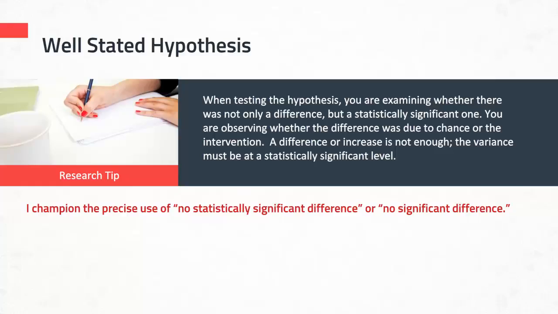So I really do champion using precise terminology when you talk about difference. So in a null hypothesis, I recommend using the term no statistically significant difference or no significant difference. And for the writing of an alternative or research hypothesis, using the terminology statistically significant difference, or association obviously, or significant difference or significant association.